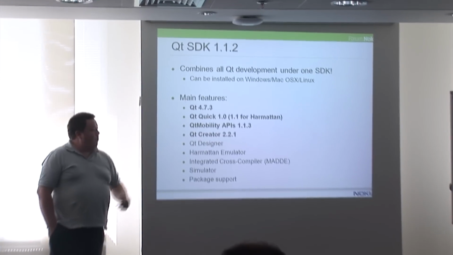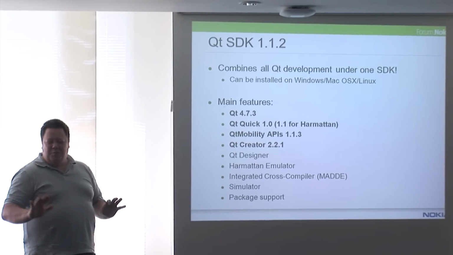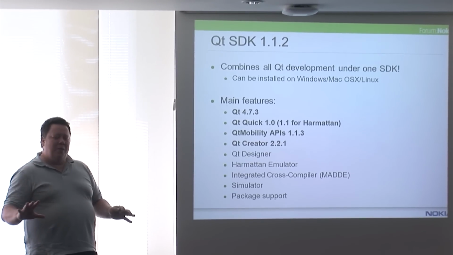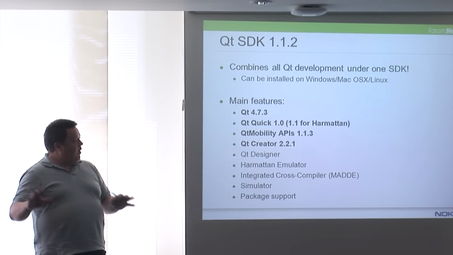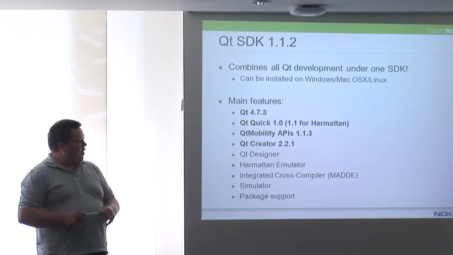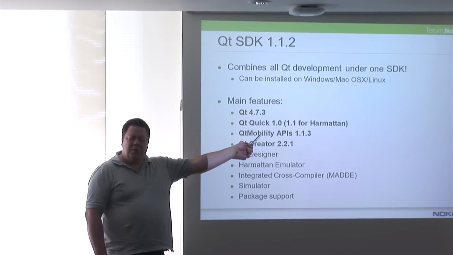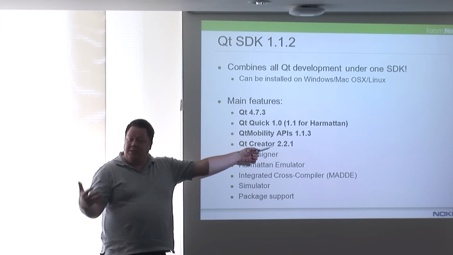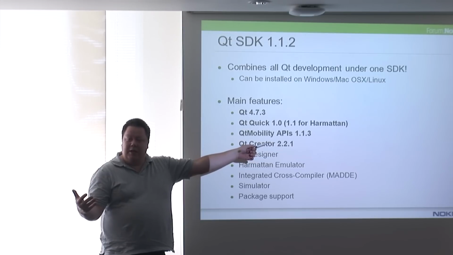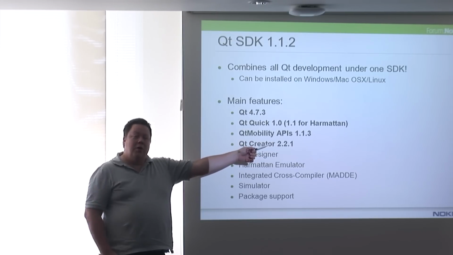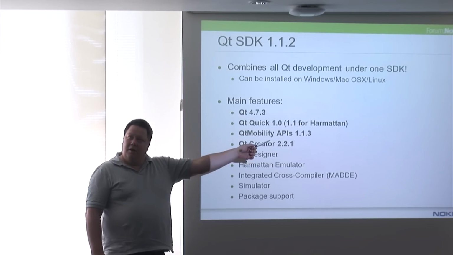Mobility APIs 1.1.3. Okay, again, with these mobility APIs, there was something which hadn't worked, which has now started working. So that's why the version information is important, to be able to check that. Can you expect this feature to work or not? Multimedia has been problematic, now it works. No problem. Location APIs have been problematic, at least.